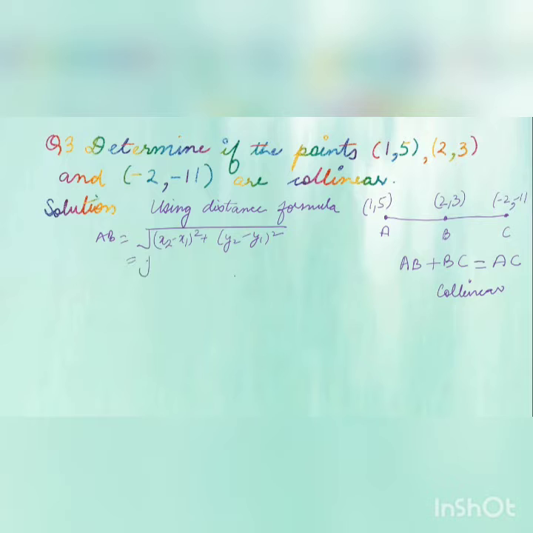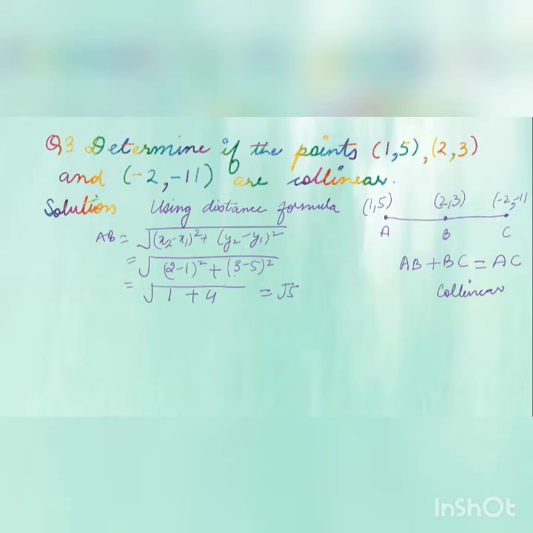So AB is 2 minus 1 square plus 3 minus 5 square. 2 minus 1 is 1, 1 square is 1, plus 3 minus 5 is -2, -2 square is 4. So it is under root 5.